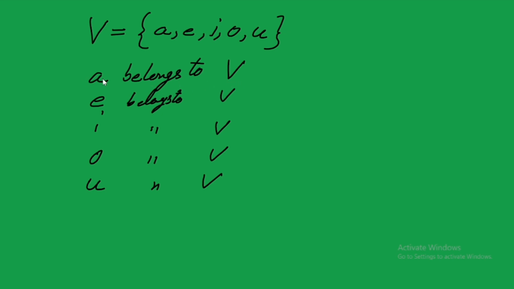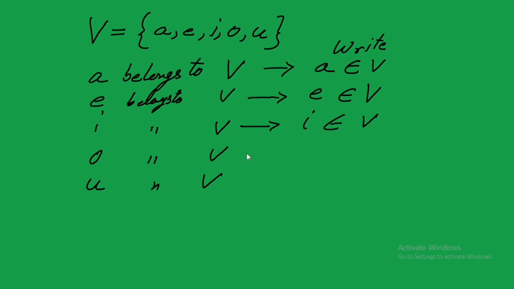When you speak, you say that A belongs to V, but when you write, you have to write that A belongs to V, and in the same way E belongs to V, I belongs to V, again O belongs to V, again U belongs to V.